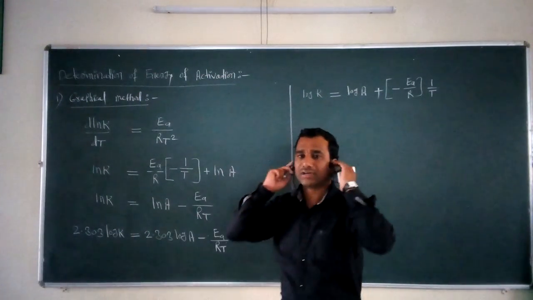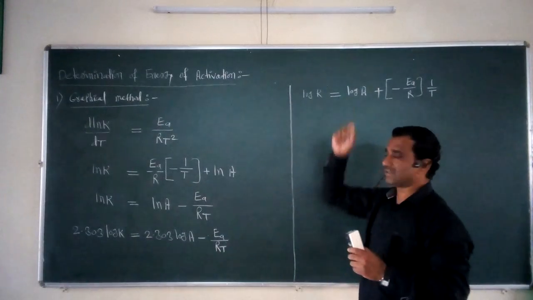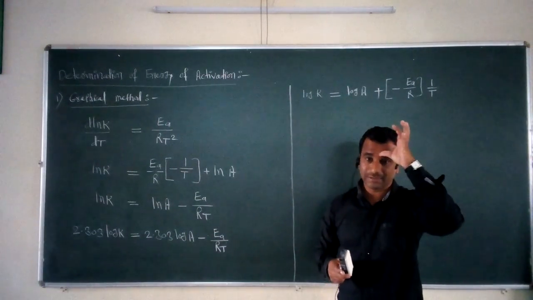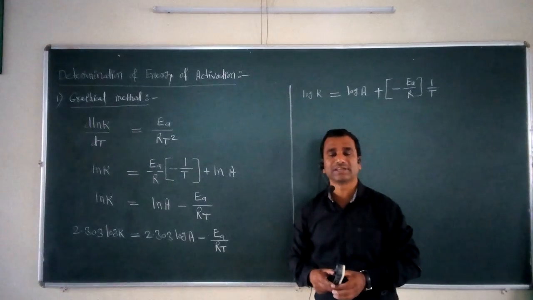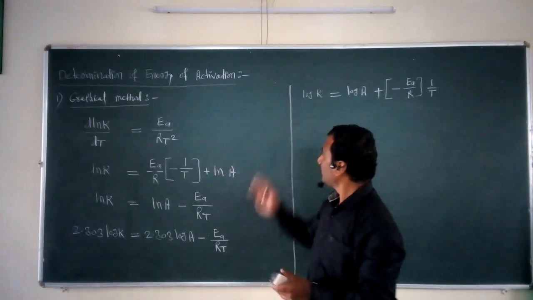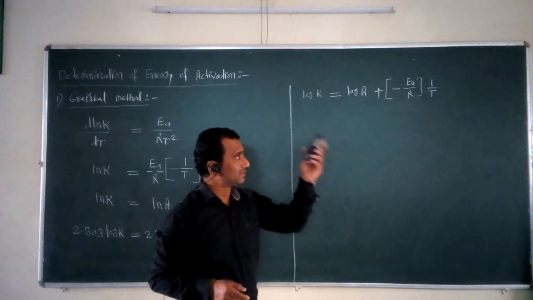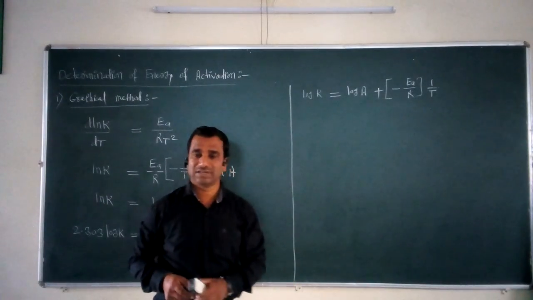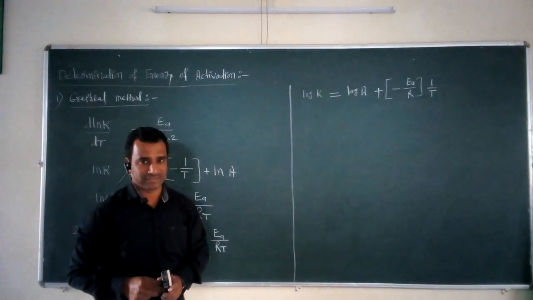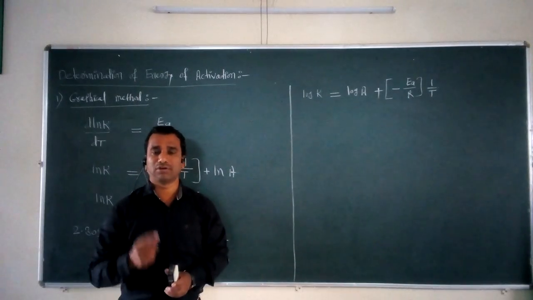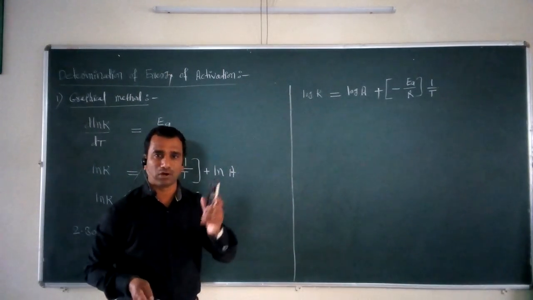Now we have to take the help of this final equation to plot a simple graph in order to determine the energy of activation of a particular chemical reaction. This equation is again in the form of a straight line equation, y equal to mx plus c. With its help, we have to sketch one simple graph. How to plot this graph?